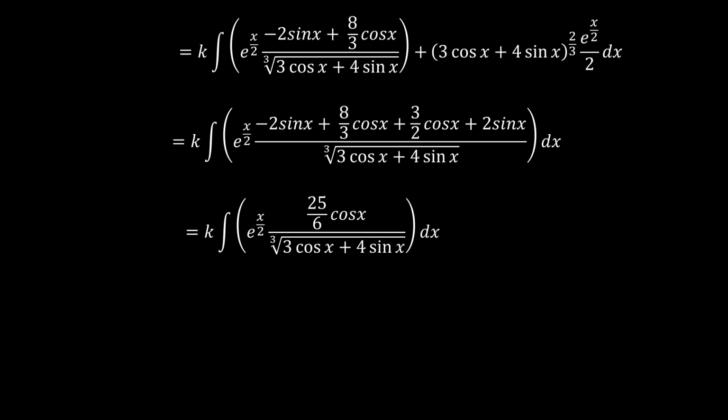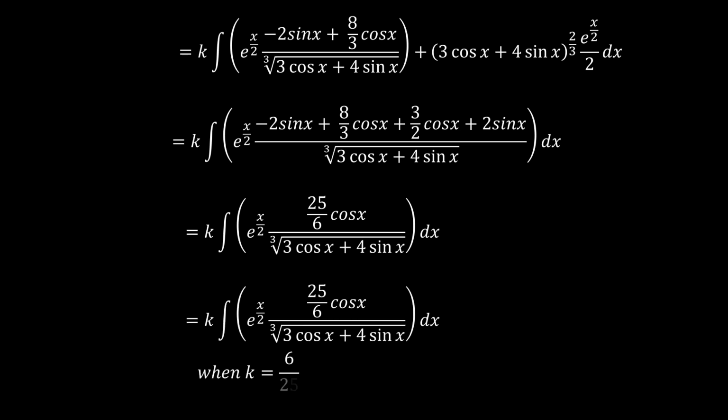Now we see that we have this constant 25 over 6 that needs to be negated so that the left and the right should be equal, and that is when k equals 6 over 25, right?